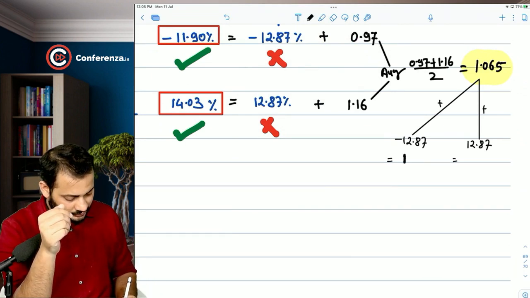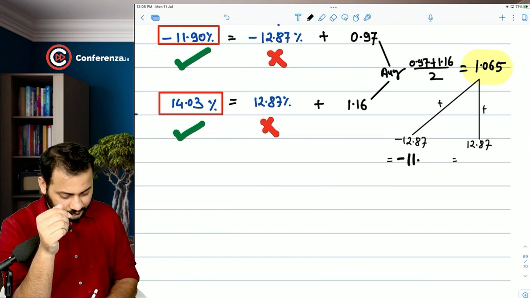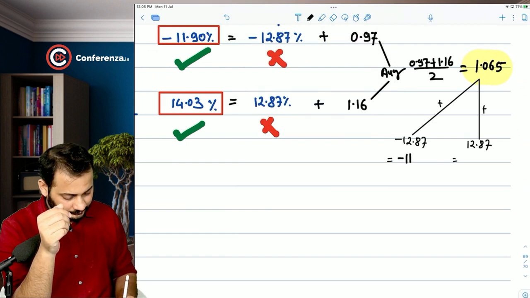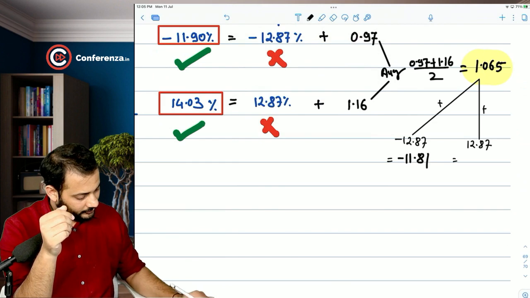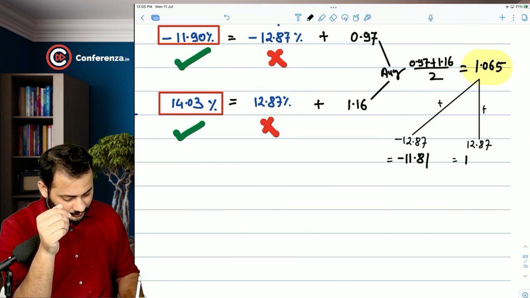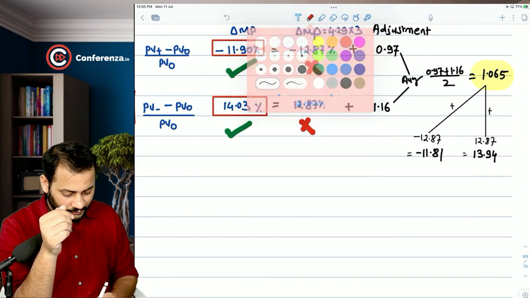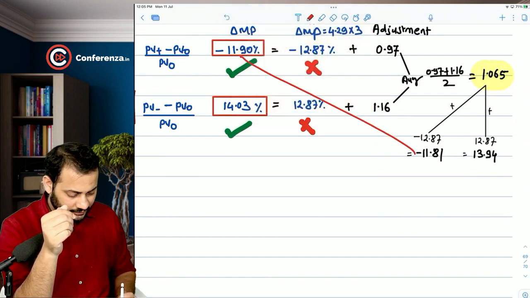So this comes to minus 11.81, rounded off, and this will be 12.87 plus 1.065, that is 13.94. Now you can clearly see there is not much of a difference between these figures.